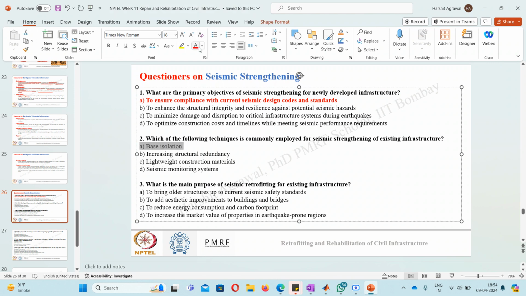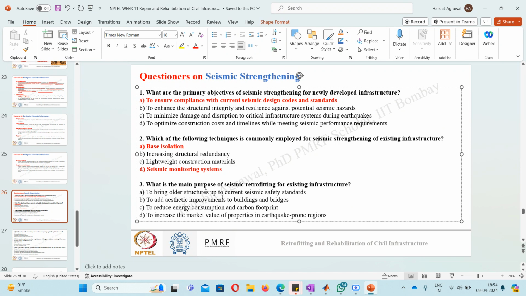We can opt for base isolation, or we can use any seismic monitoring system which will help us to decide how much damage has been incurred and what kind of retrofitting measures we can take. So the correct answer will be base isolation only, but one can also think of monitoring systems, which are also employed for getting the knowledge whether strengthening is required or not. Okay.